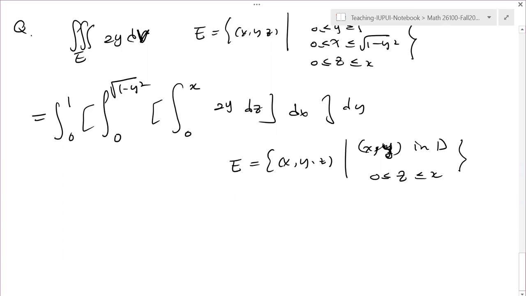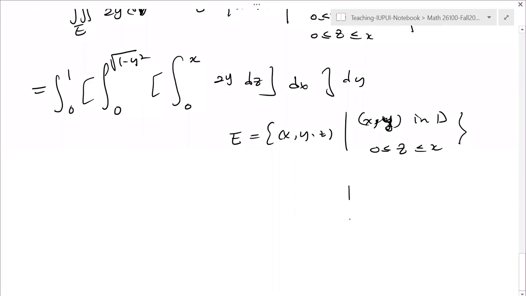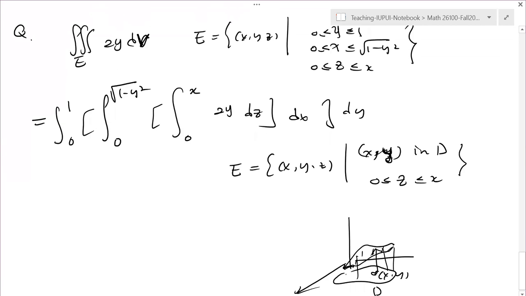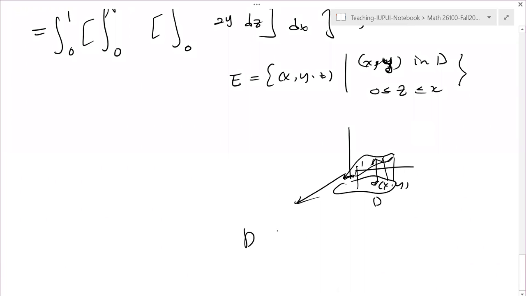So this is a D. For each point x and y in D, you have a lower bound for z, z is between 0 and x. And what is D? D is again described by two inequalities.